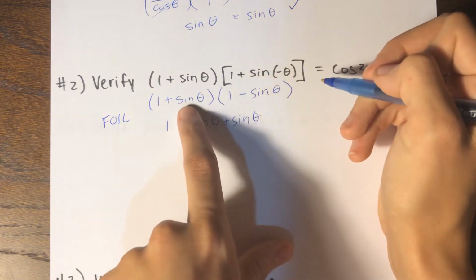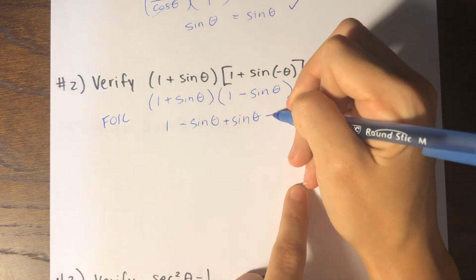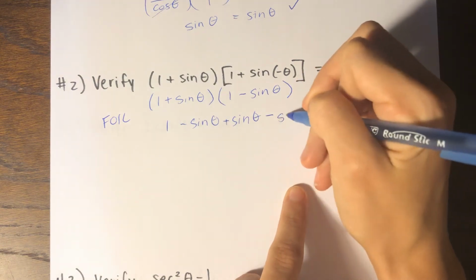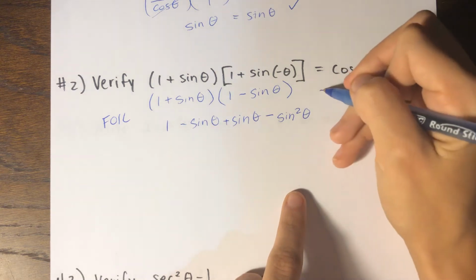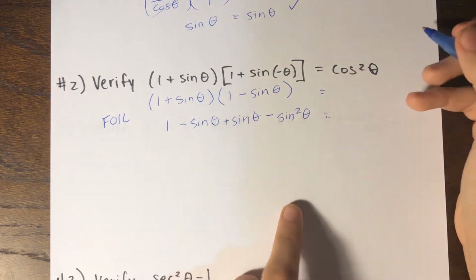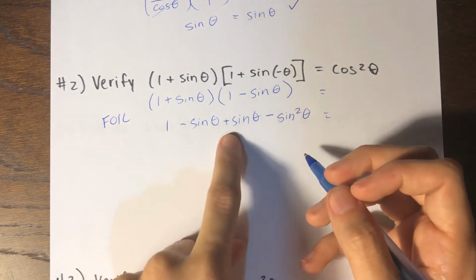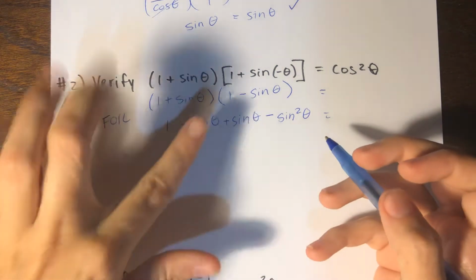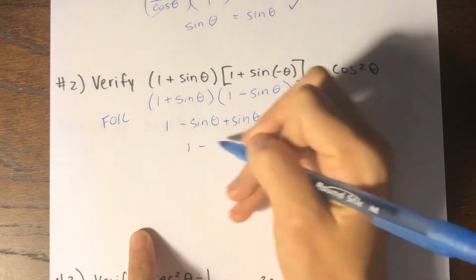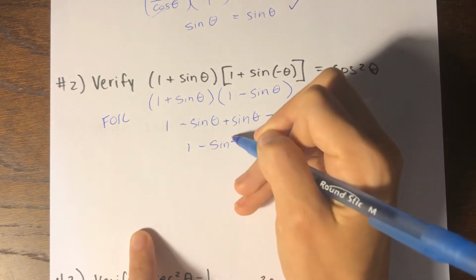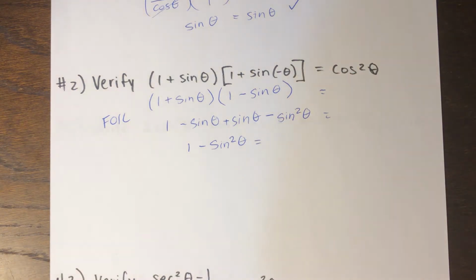And then sine theta times negative sine of theta gives negative sine squared of theta. So I have 1 minus sine plus sine, which cancel out because a negative and a positive cancel. So we have 1 minus sine squared of theta.